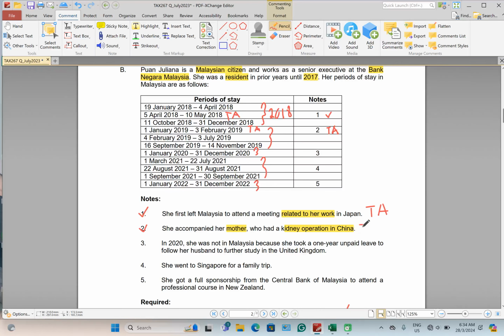Okay, next, go to note number 3. So in 2020, she was not in Malaysia. Look at the reason why. Because she took 1 year unpaid leave to follow her husband to further study in the United Kingdom.